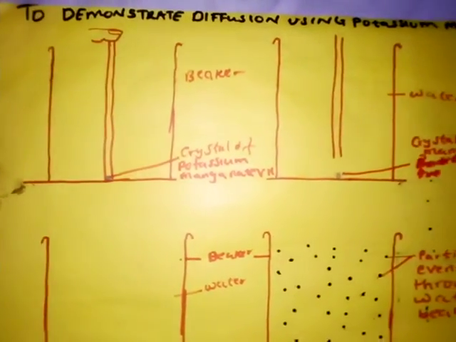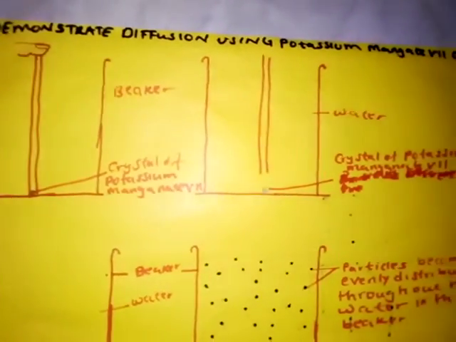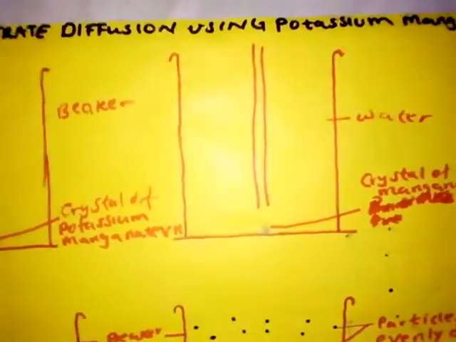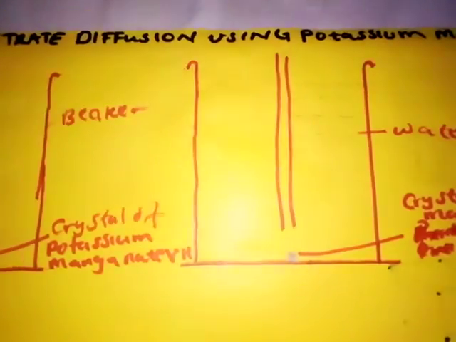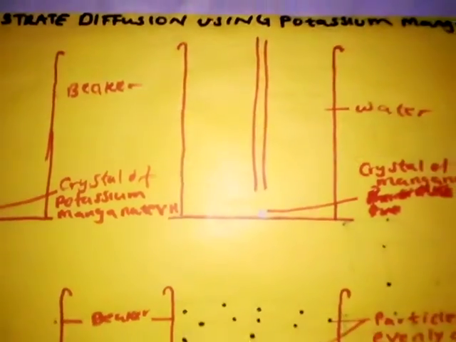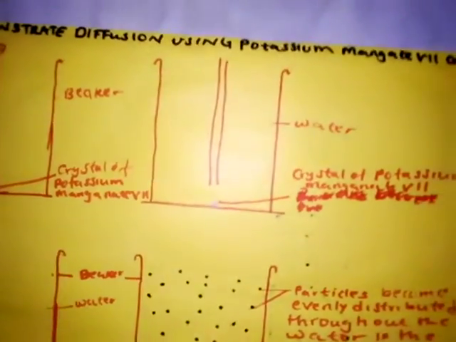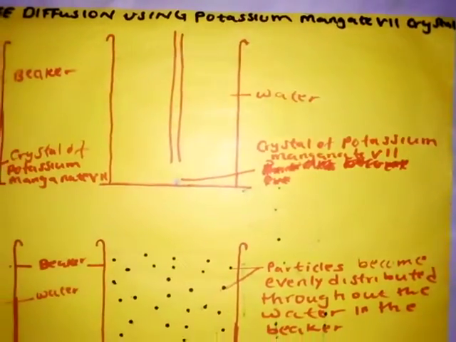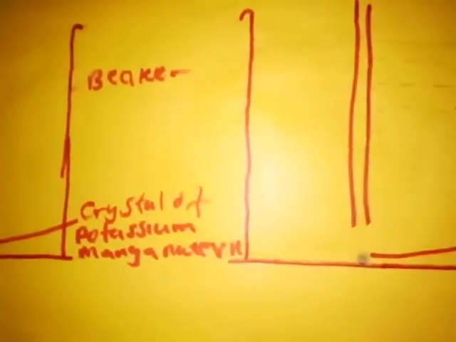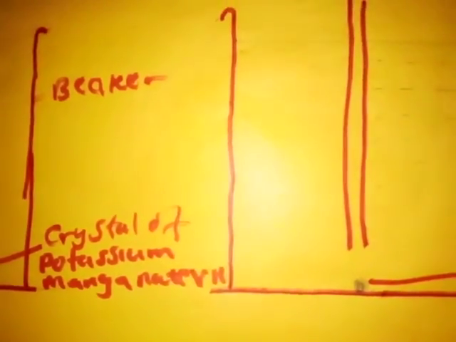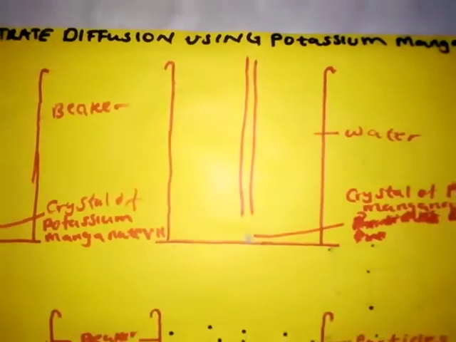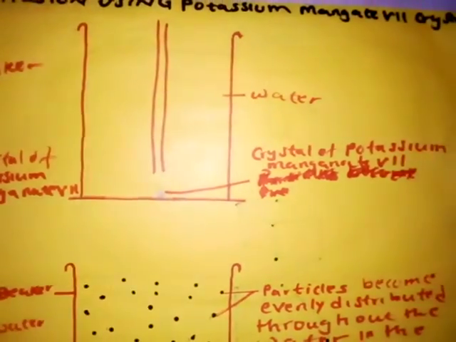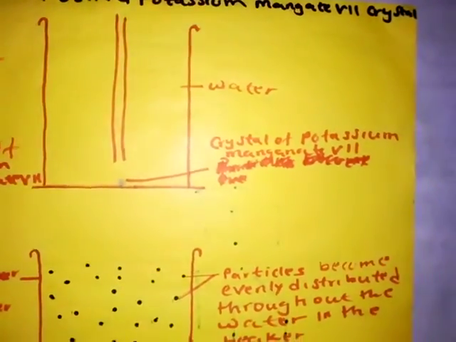After that, you fill the beaker with the water. Then after filling it with the water, you carefully withdraw the glass tubing so that you ensure that the crystals of the permanganate 7 remain undisturbed at the bottom of the beaker.